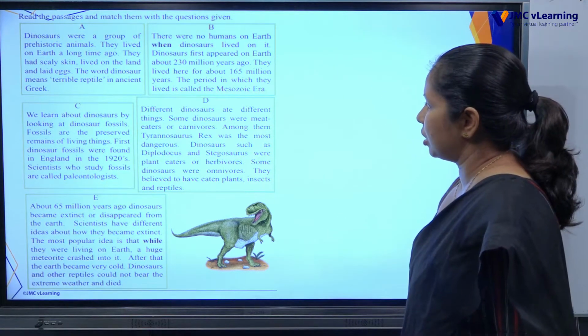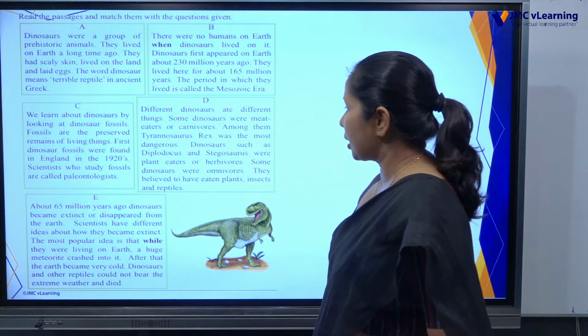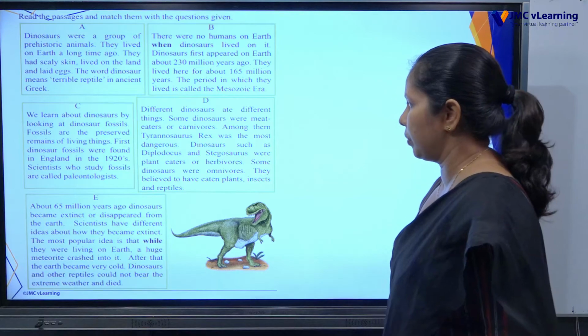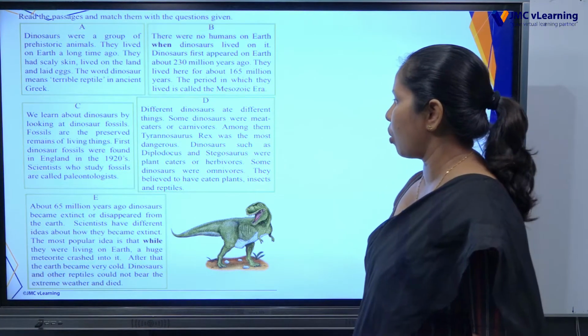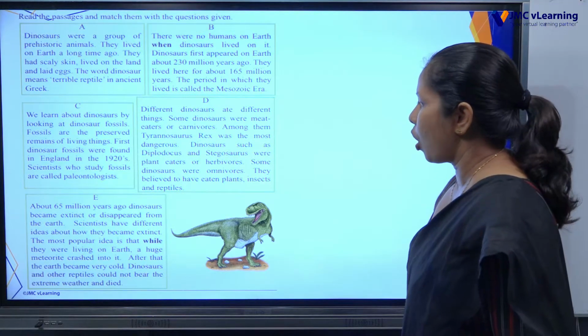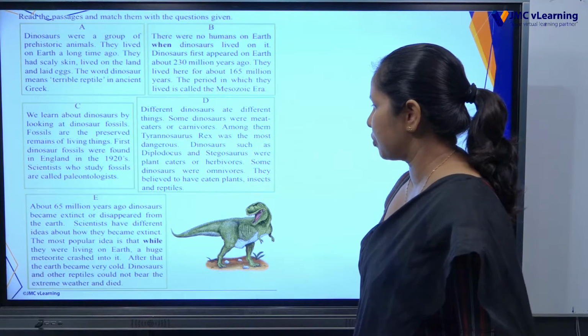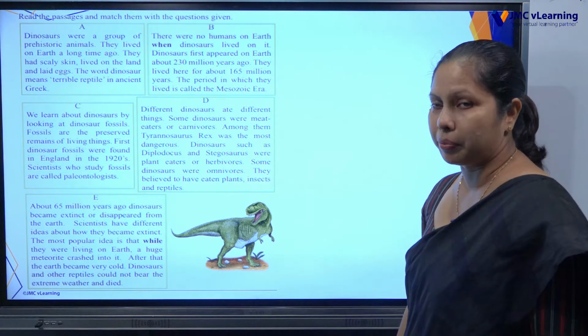Dinosaurs such as Diplodocus and Stegosaurus were plant eaters or herbivorous. So, animals that eat plants are called herbivorous. Some dinosaurs were omnivorous. They are believed to have eaten plants, insects and reptiles.